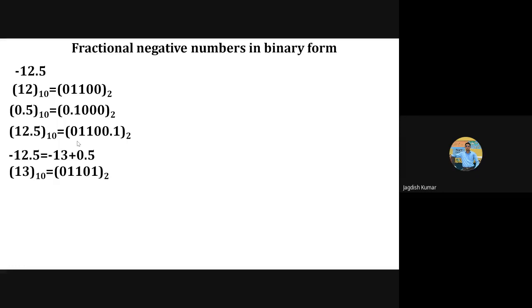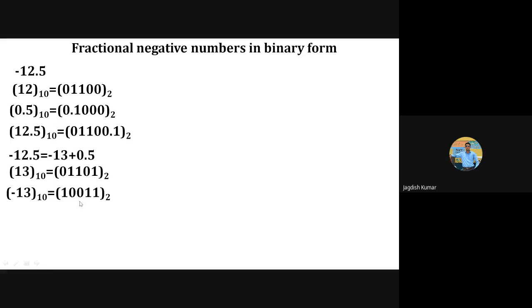So now let us go to minus 13. How to represent minus 13? For minus 13, we first have to represent 13, then take the 2's complement of it, correct? So this is your 13. If this number is 12, if you add 1 to it, that will be 13. So minus 13 in 2's complement representation is the complement of it, and then add 1 to it.